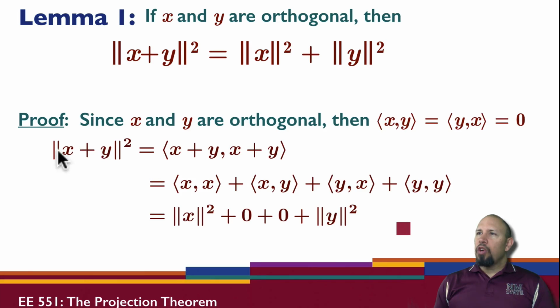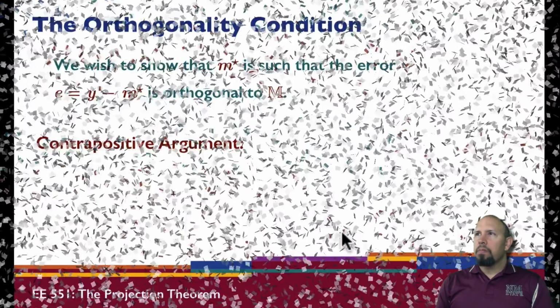So when we take the norm squared of the sum, we basically do the vector space version of FOIL. These cross terms are both 0, and so the proof just falls out. Many of the proofs follow step-by-step like this, and you can see those if you go look at the proofs video.